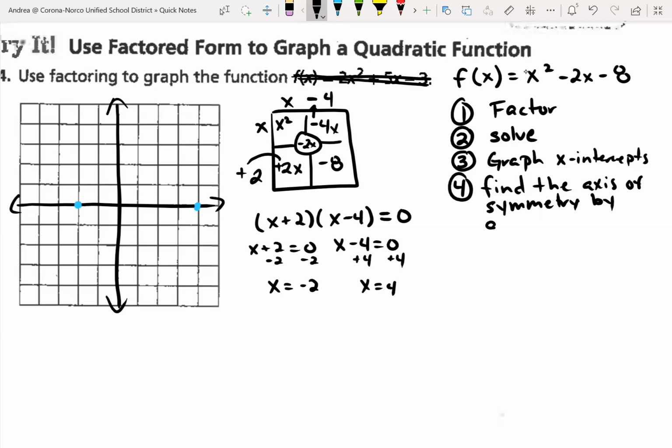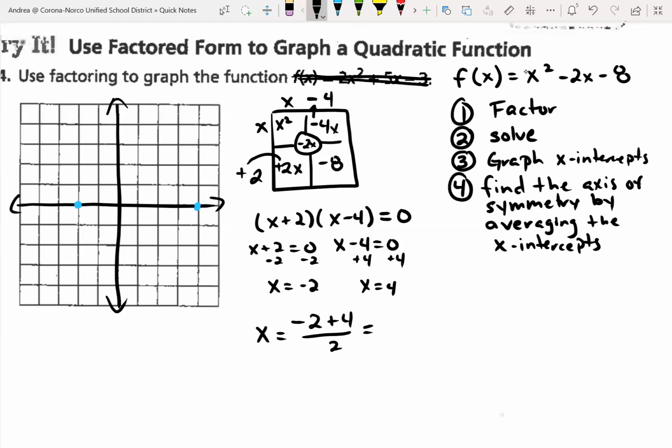By averaging the x-intercepts. Okay, we have to find the middle or average it. So negative 2 plus 4 divided by 2, and that's your axis of symmetry.